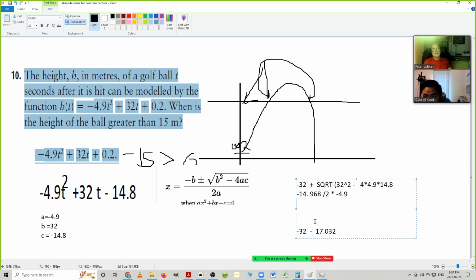Actually, you're going to have to put the 2 times negative 4.9 in a bracket. I messed up again. You've got to put a bracket in the bottom because otherwise it'll divide by 2 first. Why? Because the calculator doesn't know if you want to divide by the 2 first.